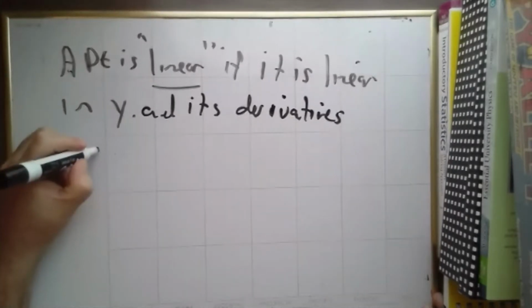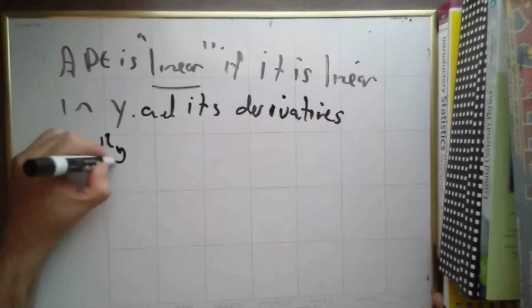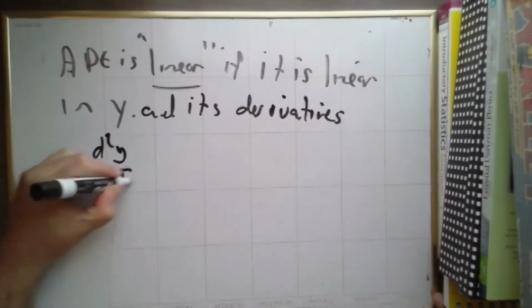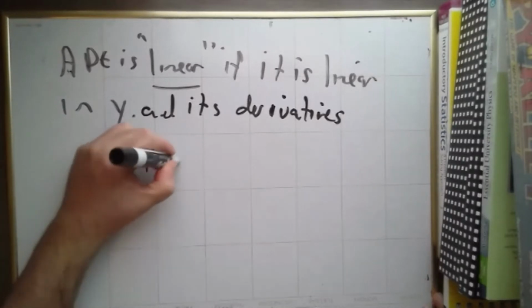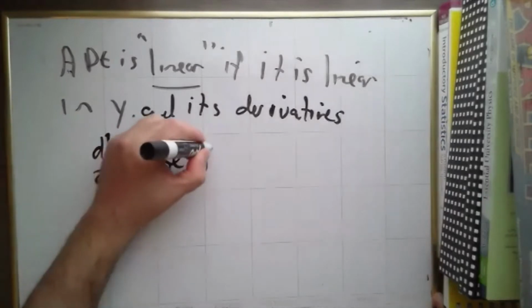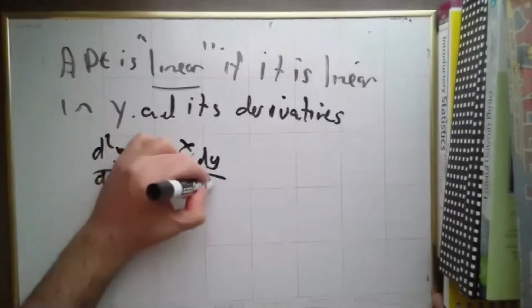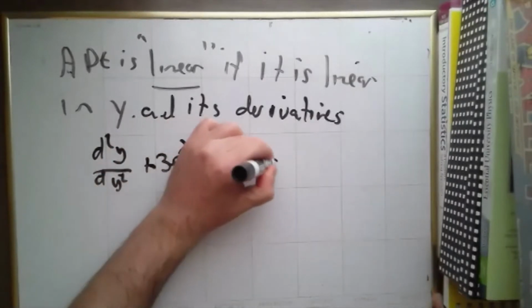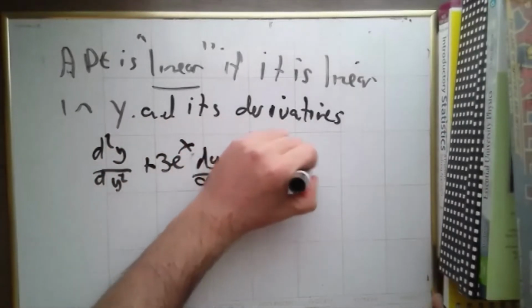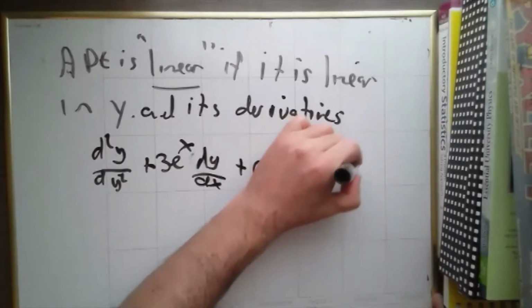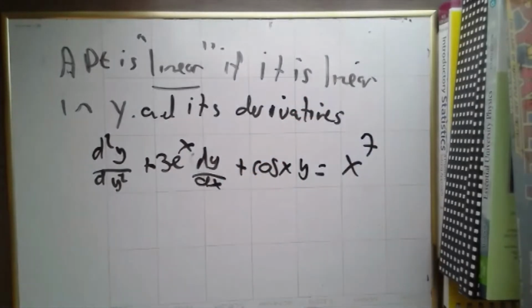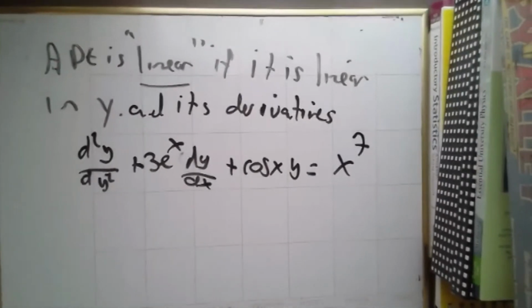So this guy here is a linear DE. And you look and you say, well, there's a lot of nonlinear stuff, but that's all X's.